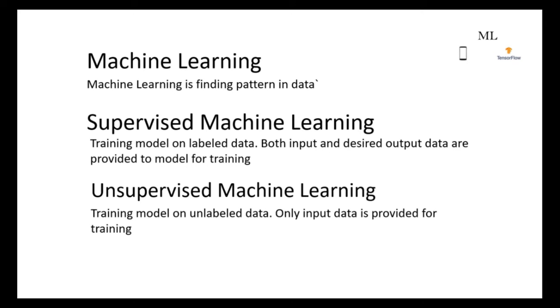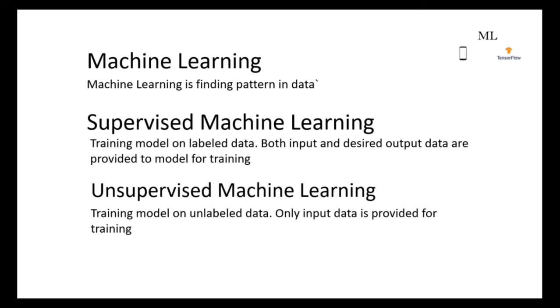Firstly, we learned about machine learning, that machine learning is finding pattern in our data. Then we studied the types of machine learning, and the first one was supervised machine learning, which is training model on labeled data. Both input and desired output are provided to model for training. Then we studied about unsupervised machine learning, which is training model on unlabeled data.